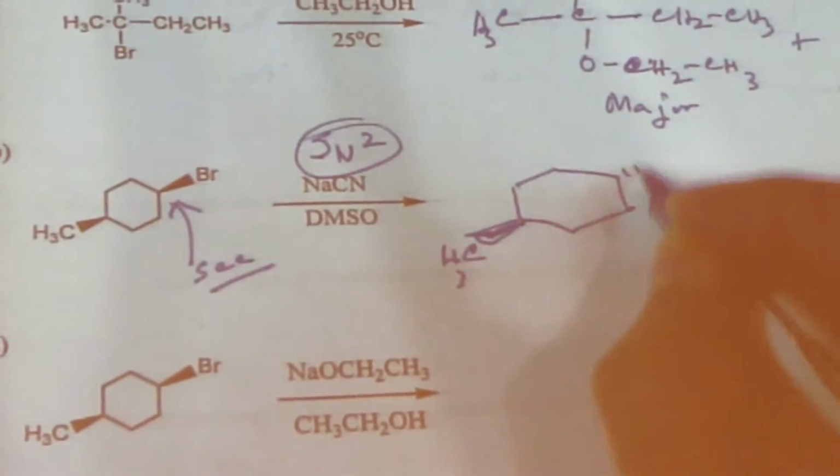Therefore, we can draw the product as this. This one is unaffected, and this one would be dash CN. Or if you write it in chair form, because the relationship is trans, this would be diequatorial.